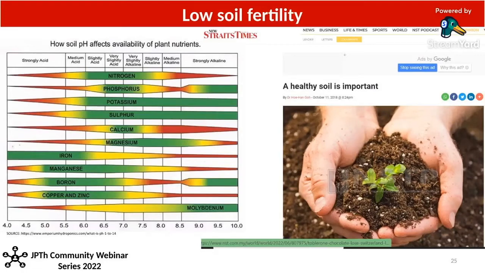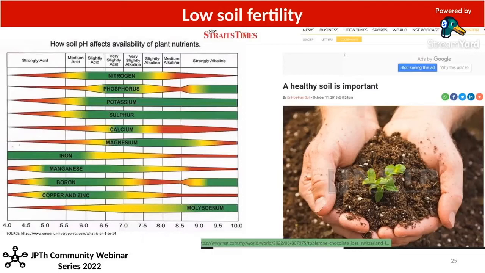We know that soil pH influences nutrient availability. In the figure there, you can see that at slightly low pH, most micronutrients are available. In contrast, in slightly alkaline pH, most micronutrients are available. Besides that, our soil is considered highly weathered and has low CEC.